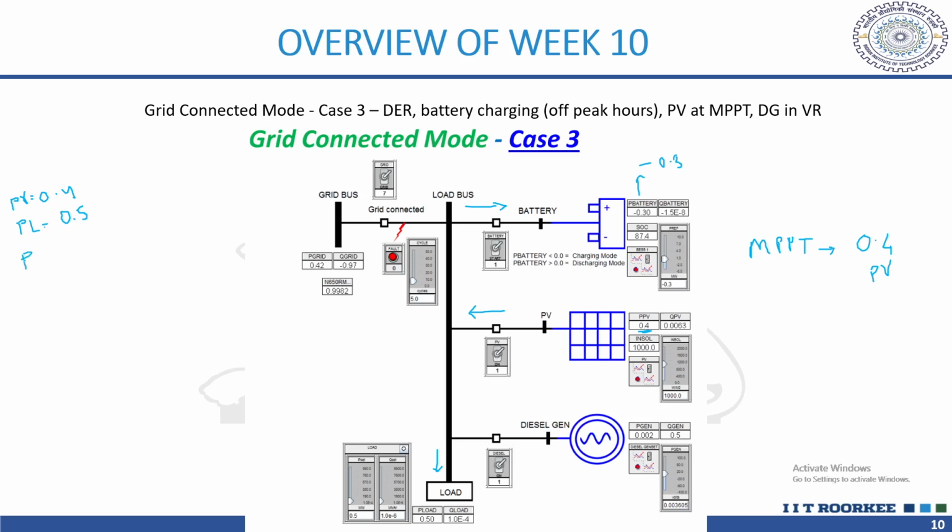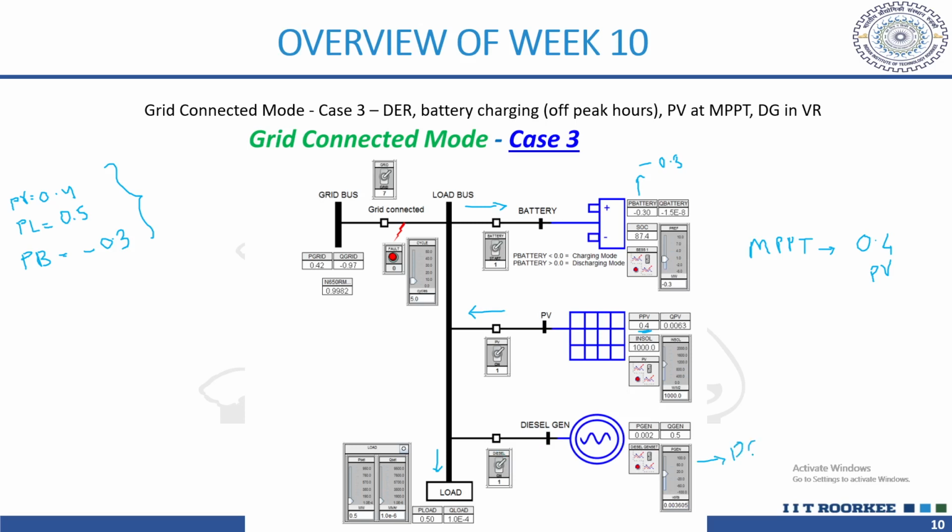So P battery is minus 0.3. From here, if you do the power balance calculation, in grid connected mode we are not switching on the diesel generators.